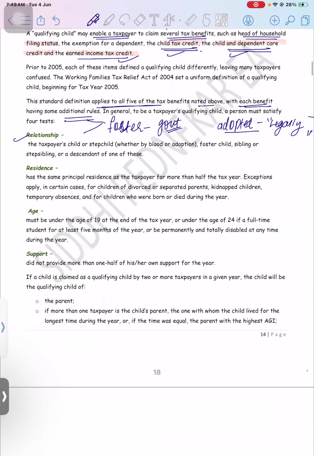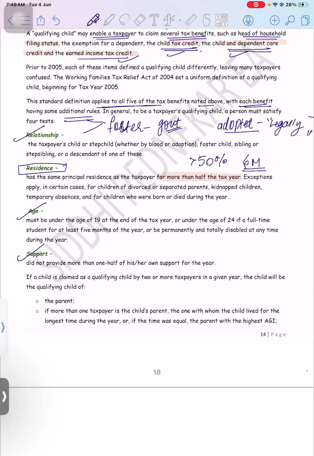So see, relationship test is fine, age test, support test. Now residency: for the purpose of a qualifying child, the child should be living with the taxpayer for more than half of the year, more than 50%, more than 6 months you can say. And this need not be continuous. It can be during the whole year.